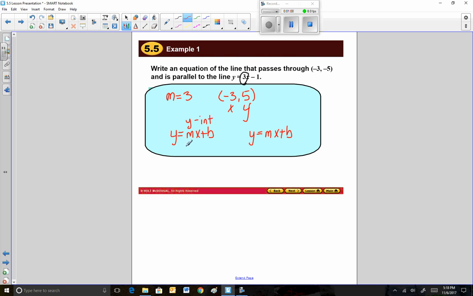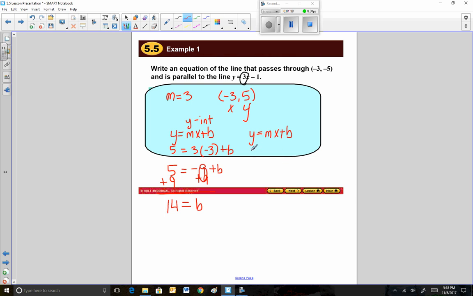So we plug in y, 5, slope 3, and -3 for your x, plus b. So we get 5 equals 3 times -3, which is -9, plus b. And we add our 9 to both sides so that we can get a 0 here. Add 9. And so we get 14 equals 0 plus b, so it's just b.